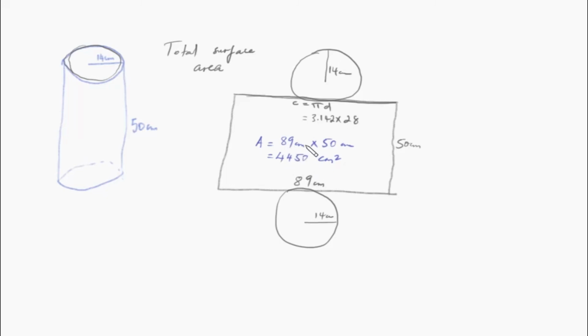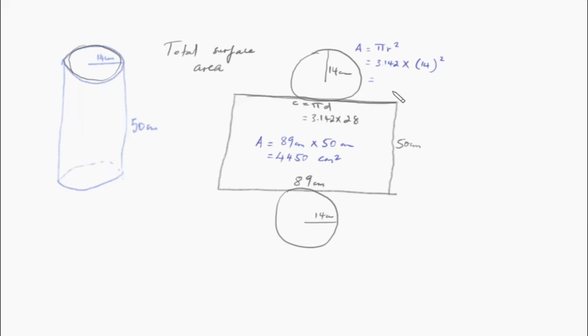Now, we need to find the area of this circle. Area of a circle is equal to pi radius squared. So we are going to have 3.142 multiplied by the radius, which is 14, but this 14 is squared. So we find 14 squared, which is 14 times 14.